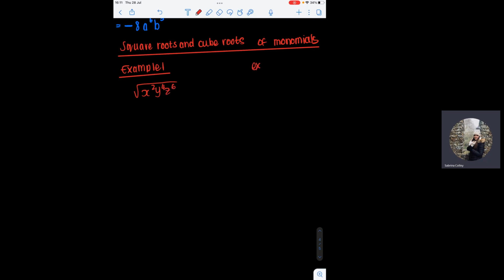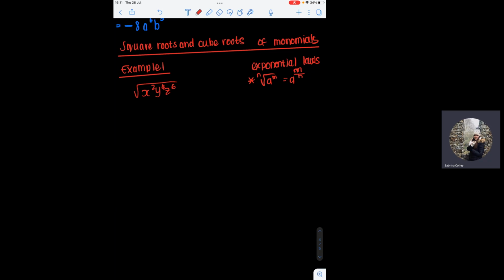Now the exponential law that I need to remember here is that if I have a root with an exponent, then I can take that exponent inside and divide it by the root. So m over n.